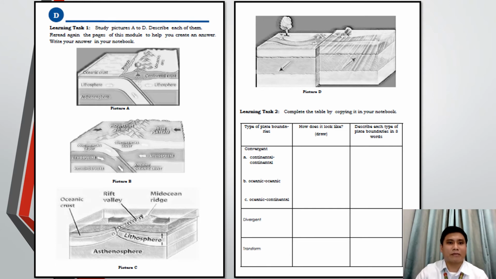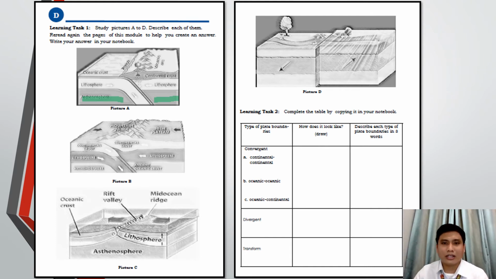Say, for example, in picture letter A, what is the movement of this plate as compared to this plate? Are they moving away from each other? Are they sliding past each other, or are they colliding towards each other?